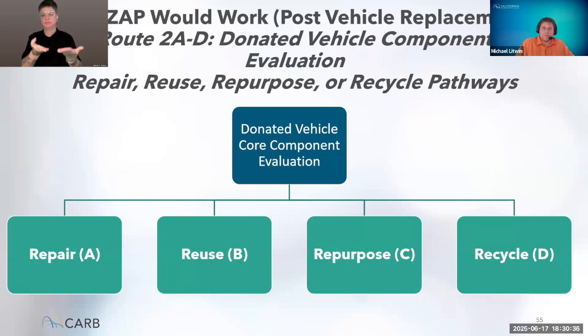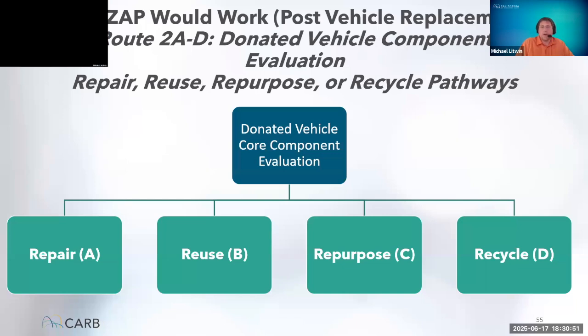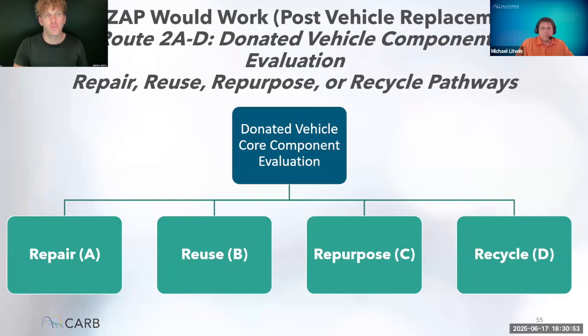The 4 pathways are 2A, repair. Repairing the vehicle and potentially making it available for program use or resale. 2B, reuse. Component specific.